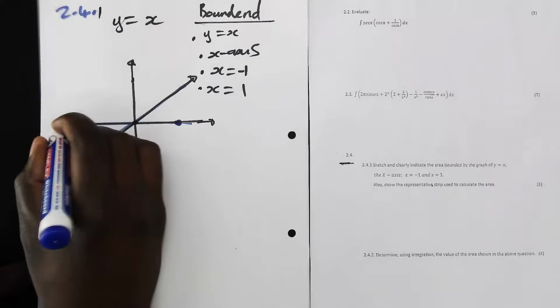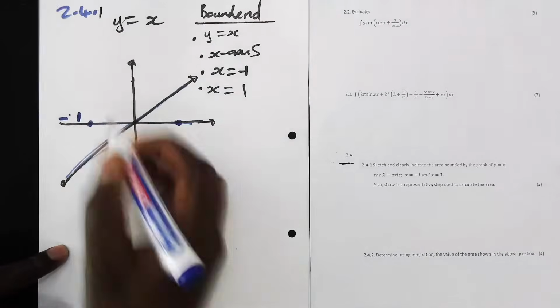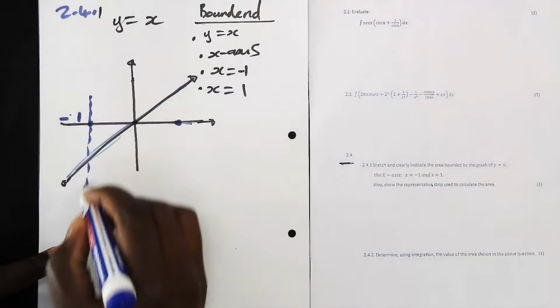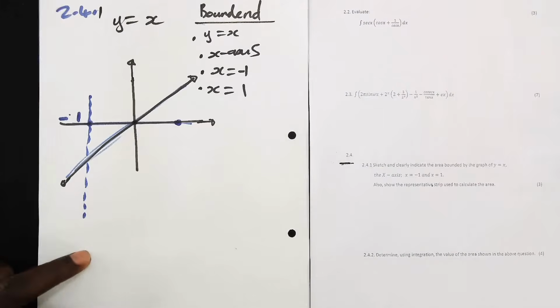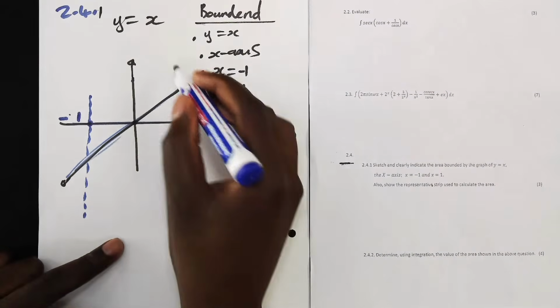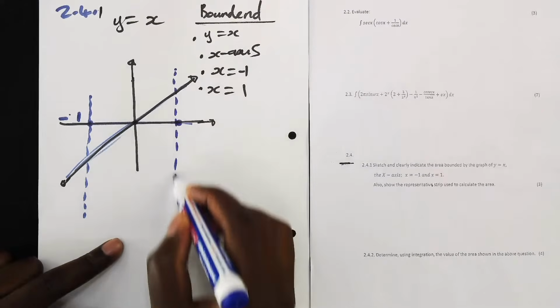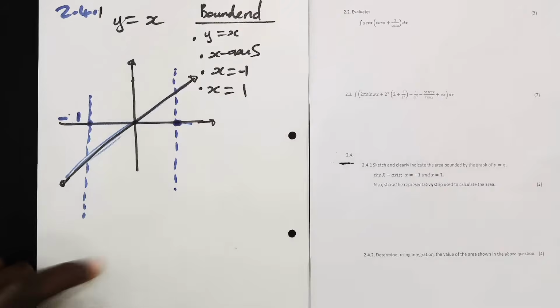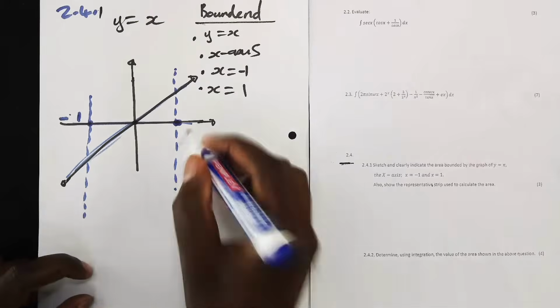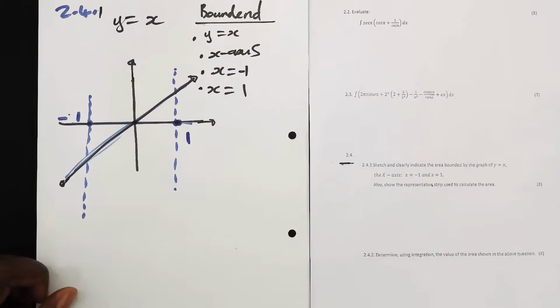We know that x minus 1 is here. They say by x equals what? Minus 1. The other one, by x equals 1. So I hope you see that x equals minus 1 and x equals 1 bound the area.